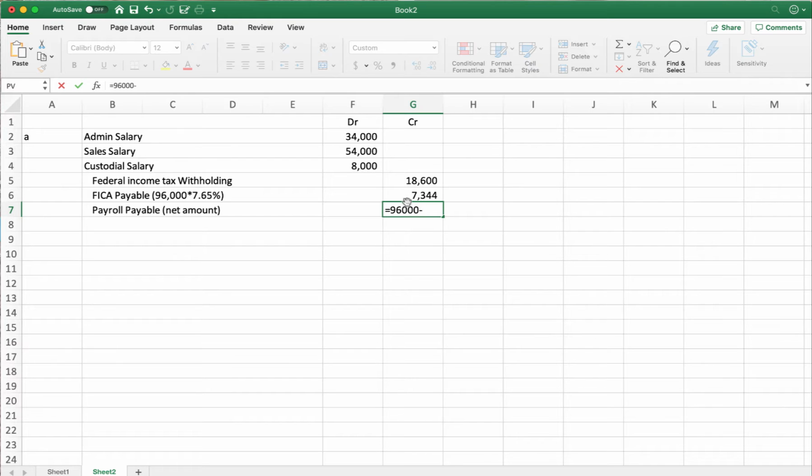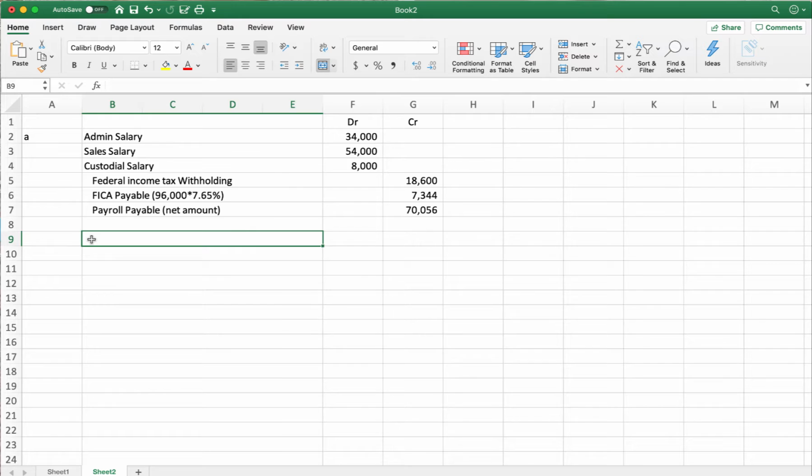And we're going to subtract our FICA payable and our federal income tax withholding, and we get $70,056. This is the net pay for each of our employees, okay? So that's how we do that portion.